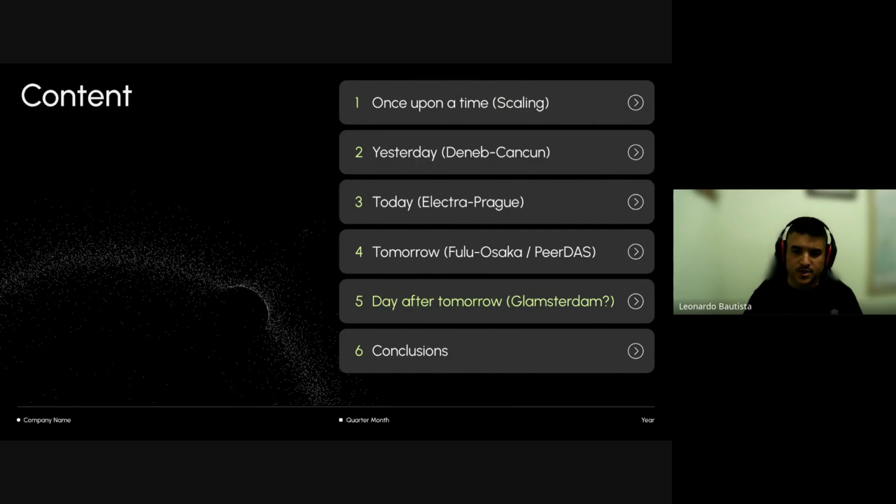And then I'll present the plans that we have for PeerDAS, which should come in the next fork, which is Fusaka. Then I will present a couple of proposals that we, the Codex research team, are pushing forward in order to reach the scalability that we want in Ethereum.